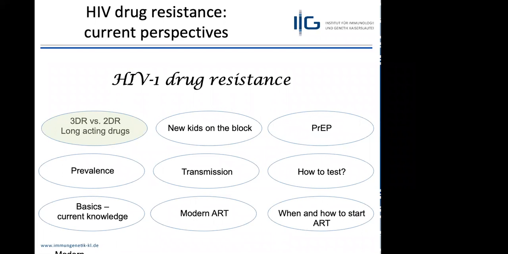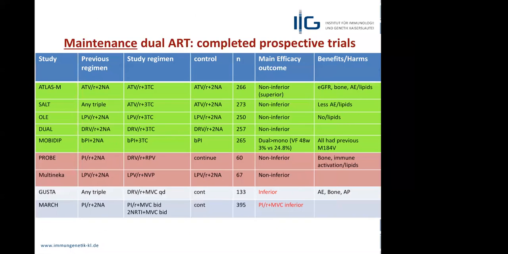Then there is now an intense debate on how to use 3 drug regimens versus 2 drug regimens and long-acting drugs. There are studies now addressing how efficient 2 drug regimens might be, and you do see that all these studies are completed, and they have shown that these 2 drug regimens are non-inferior.